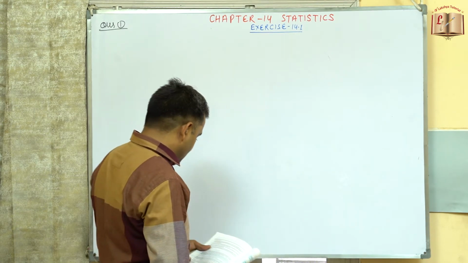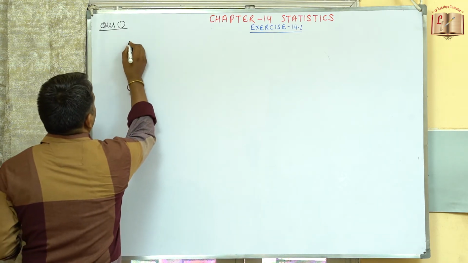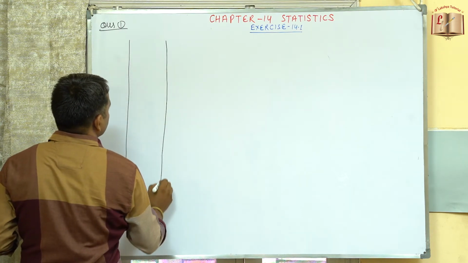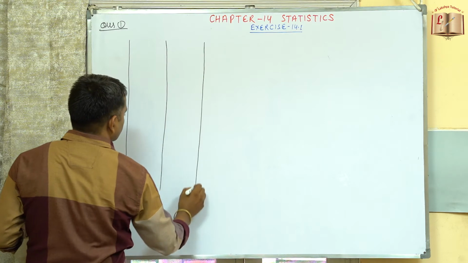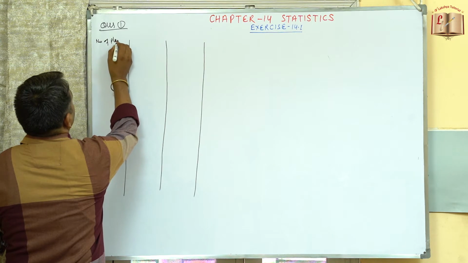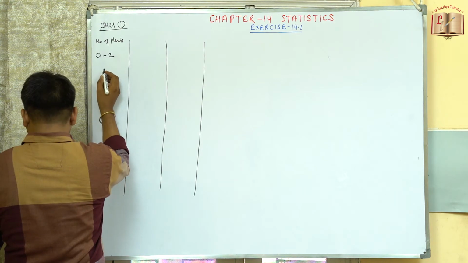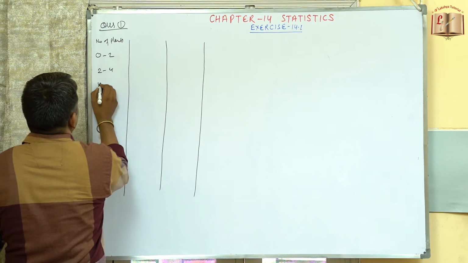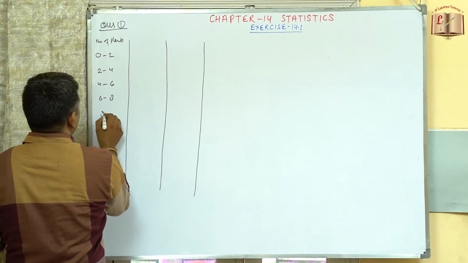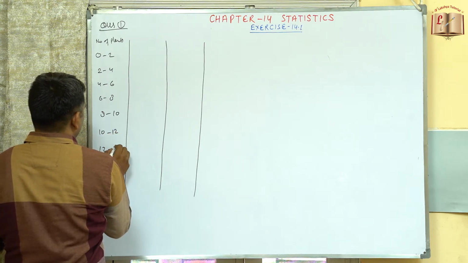So number of the plants given, this is the range of the plants given and the number of houses. So first of all we will make our table. So these are the number of plants. So number of plants 0 to 2, then 2 to 4, then 4 to 6, then 6 to 8, and 8 to 10, then 10 to 12, and 12 to 14.